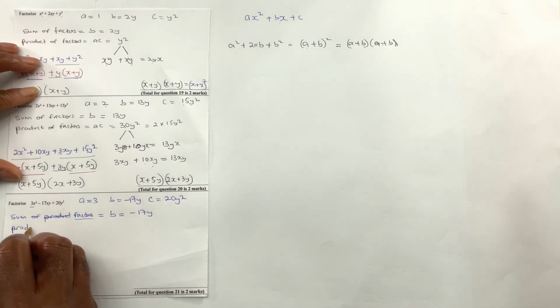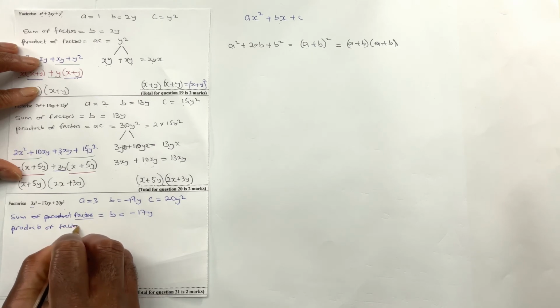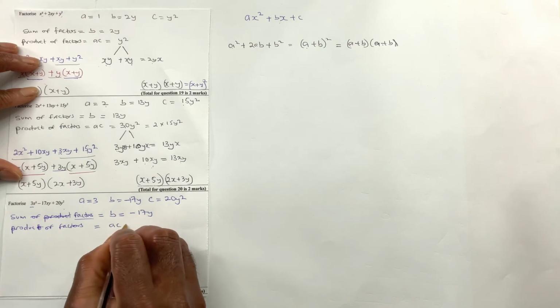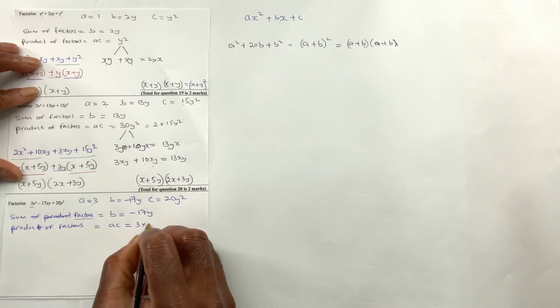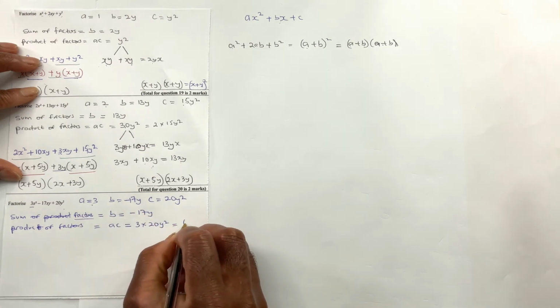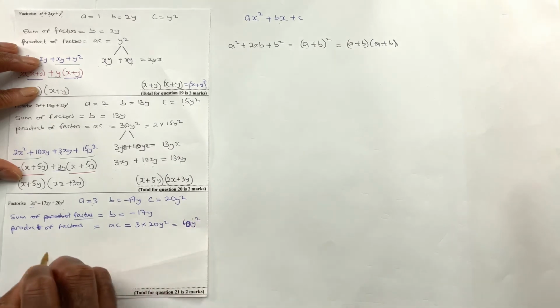Product of factors must equal AC, where A is 3, so that'll be 3 times 20y squared, and that will be 60y squared.